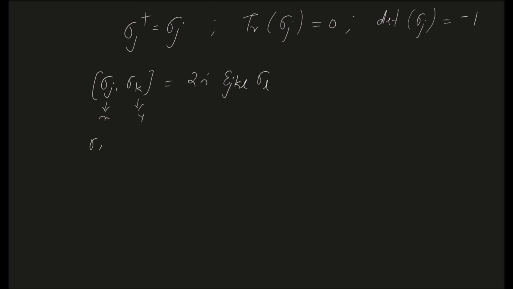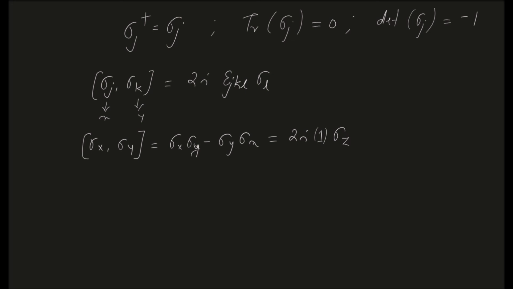Then the commutation of sigma x and sigma y is sigma x sigma y minus sigma y sigma x. On the right hand side we have 2i, then a value of 1 for the even permutation of x, y, z, so we have 2i sigma z on the right hand side.